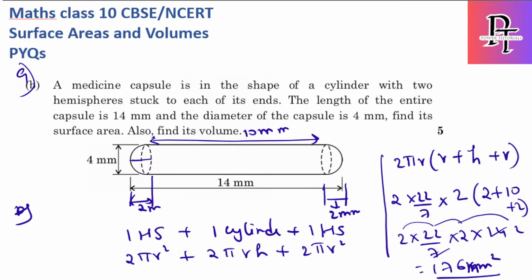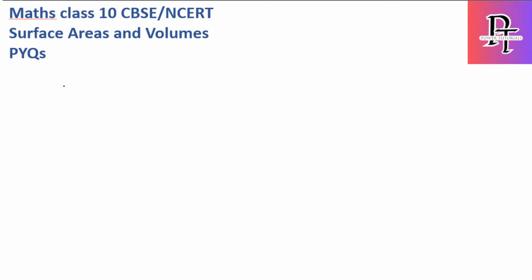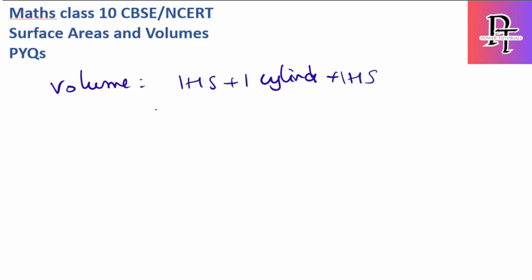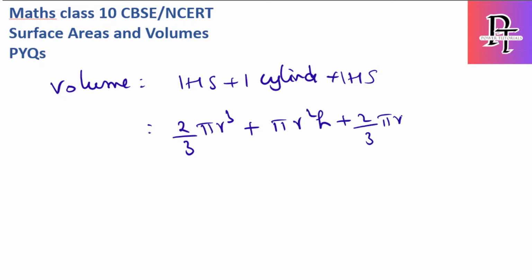So what is the second part? Volume. Volume also same way, 1 hemisphere plus 1 cylinder plus 1 hemisphere. So 1 hemisphere and 1 hemisphere volume I can combine to get the total sphere volume, which is 4 by 3 pi r cube. Okay, but for hemisphere, let's write it, it is 2 by 3 pi r cube plus cylinder is pi r square h, and again hemisphere 2 by 3 pi r cube.